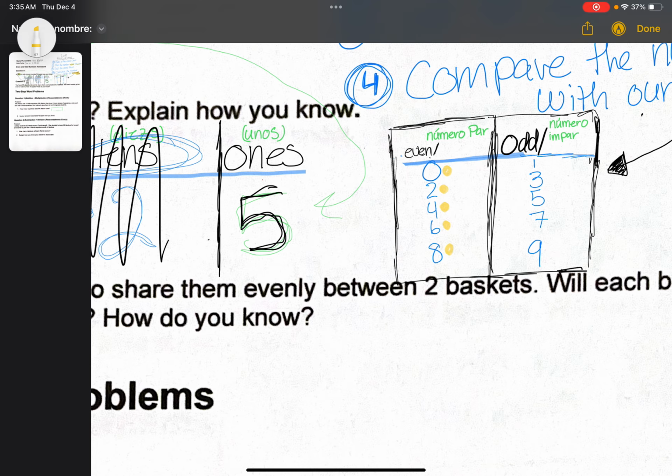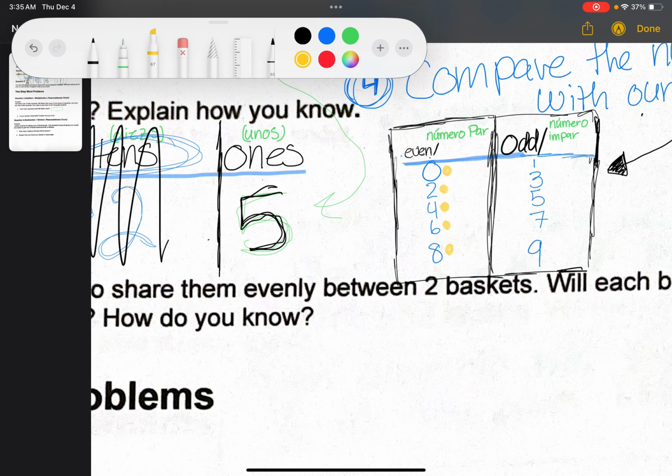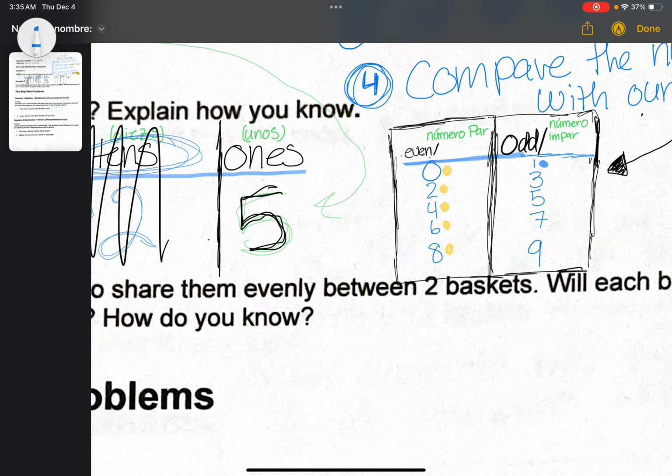But let's check the odd side. Now, odd. Odd is 1, 3, 5, 7, and 9. Now, we know it's not even because when I looked at my even numbers, there is no 5.